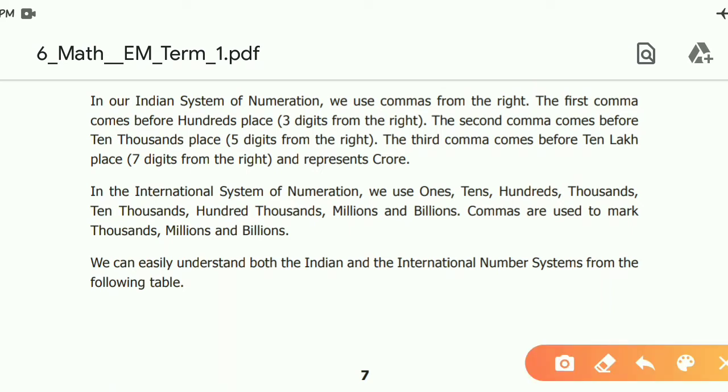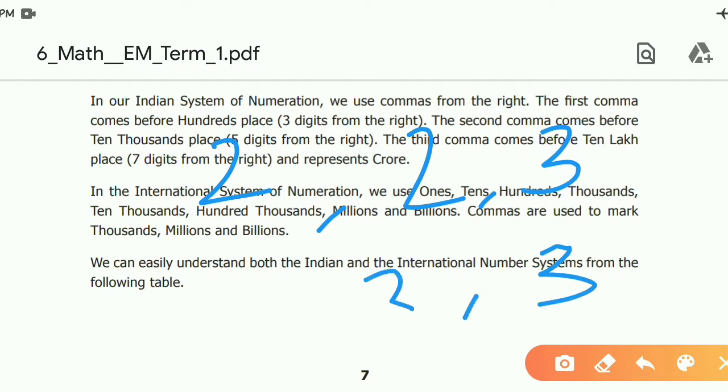Simply, in Indian number system, they use commas in 3, 2, 2 order. In international number system, they are using commas in 3, 3, 3 grouping. Do you understand? Okay, students, listen to one example.